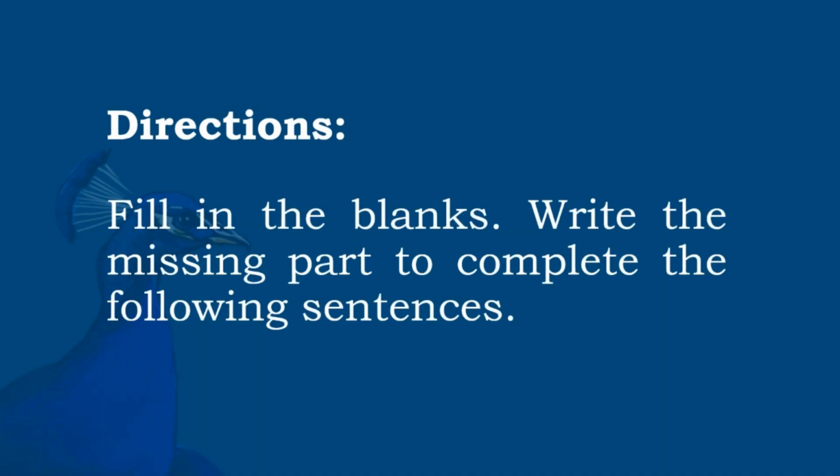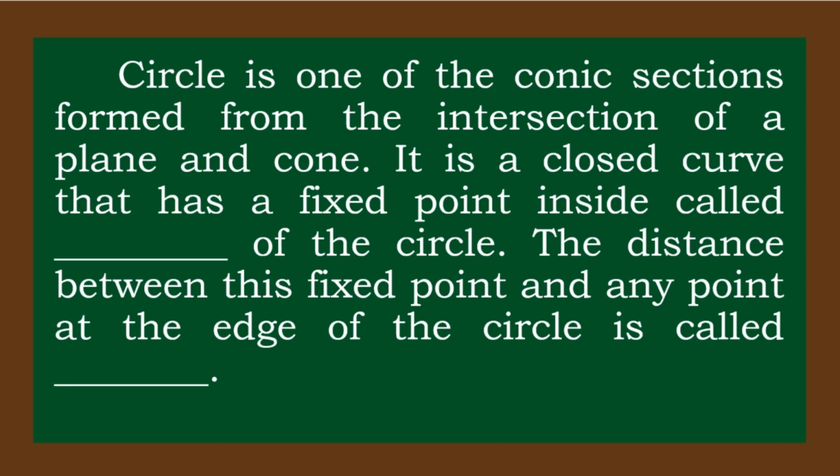Write the missing part to complete the following sentences. Circle is one of the conic sections, formed from the intersection of a plane and cone. It is a closed curve that has a fixed point inside, called blank of the circle. The distance between this fixed point and any point at the edge of the circle is called blank.